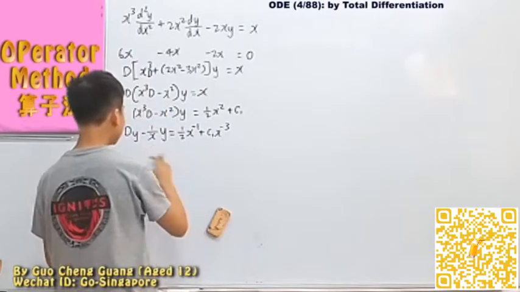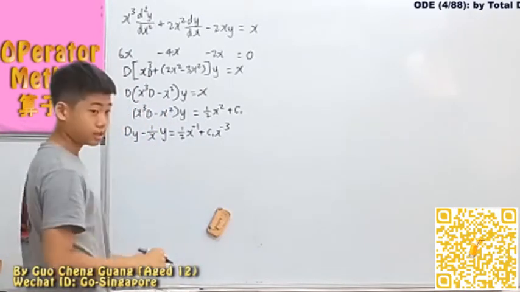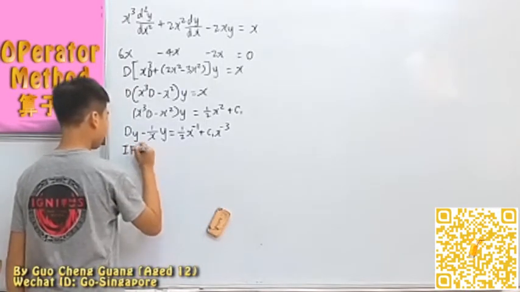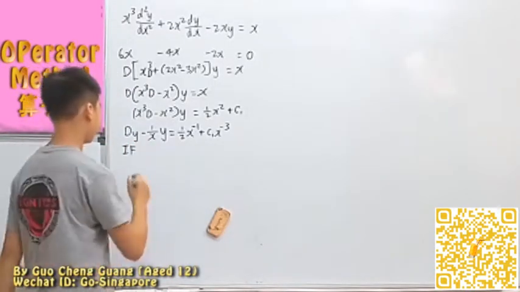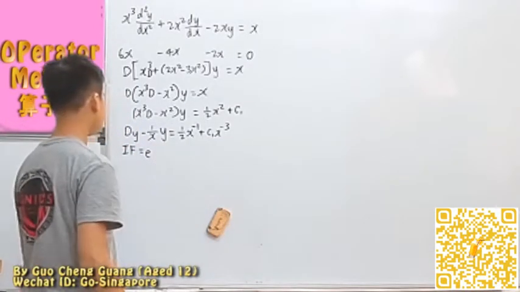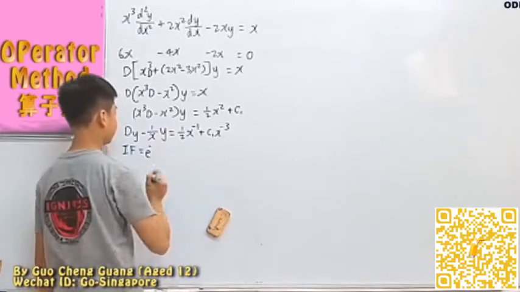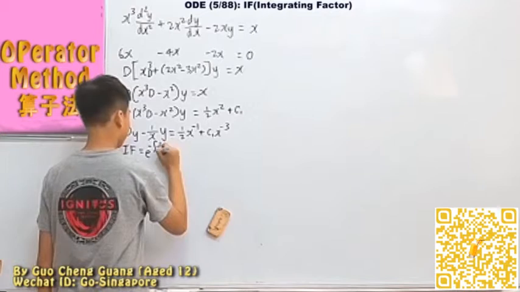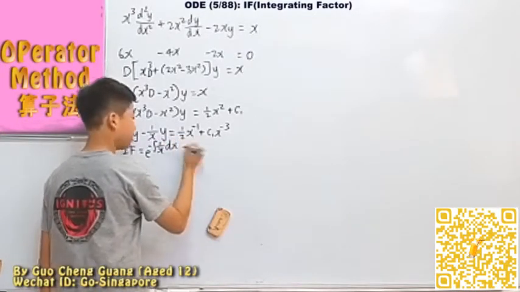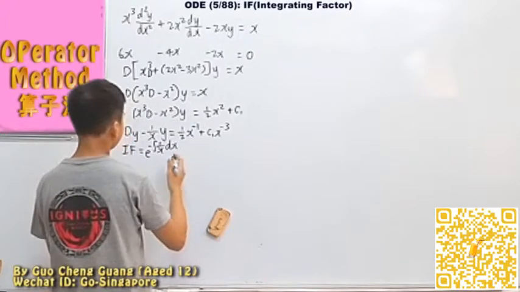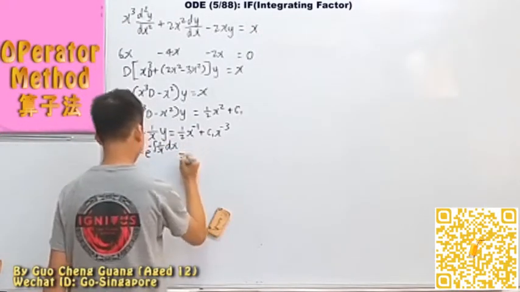Well, the most familiar case here right now is the integrating factor. That means, first of all, we have to find the IF. Taking the IF, it is e to the power of, so we're going to use negative, because here is that negative, then we have 1 over x, then dx. So 1 over x and dx is asking what differentiates to 1 over x.